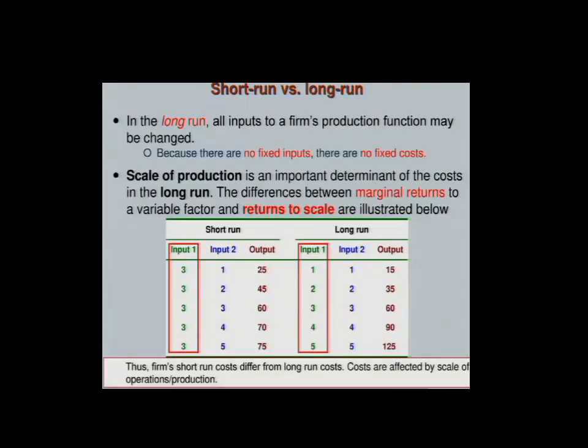It's a different setting. In the long run, as you remember, everything is variable. There is no fixed input, and the long run could also be any time, as long as everything is variable. So in the long run, we can build our new buildings, we can hire new equipment, and there is no fixed input as a result. Now in the long run, because the scale of business changes, what matters for the costs, or the output also, is the scale of production rather than the marginal returns.